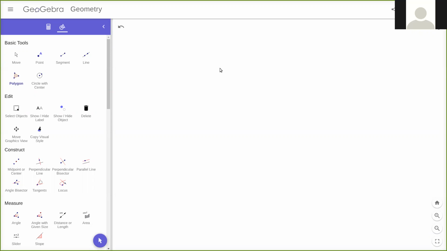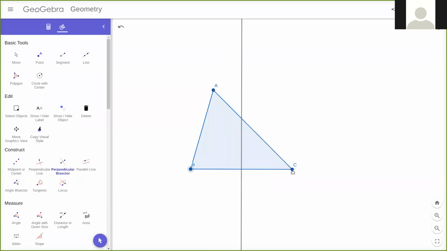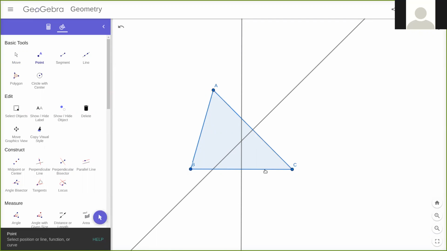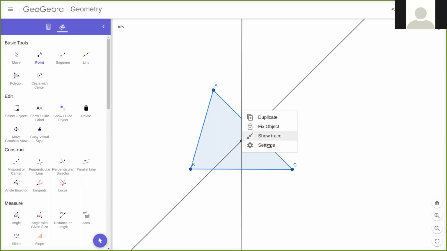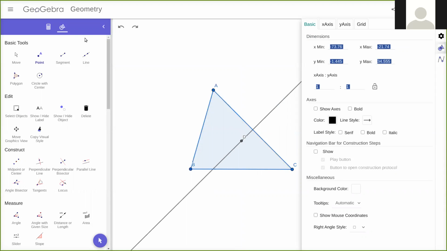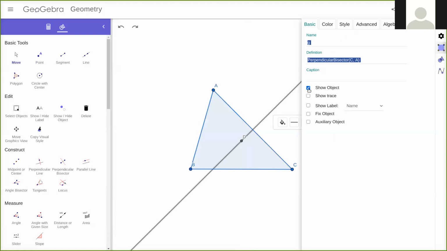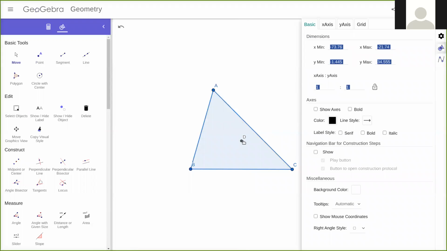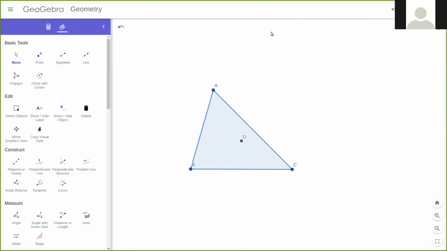Right, so I'll just recreate ABC. And then the center of the circle is here. Okay, so the center of the circle containing ABC is here.